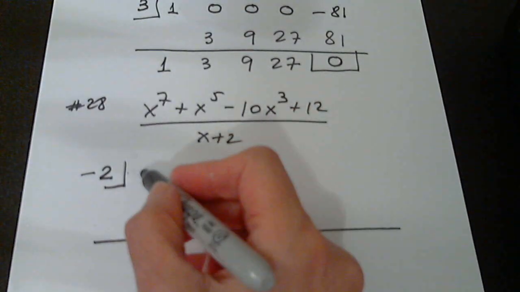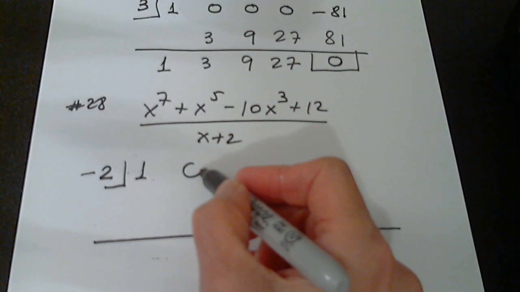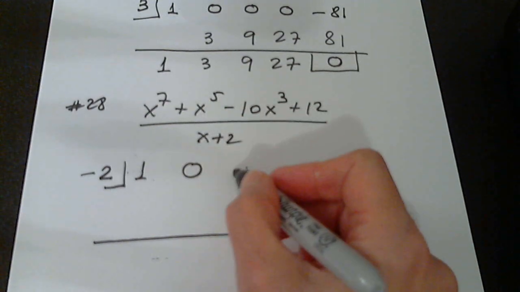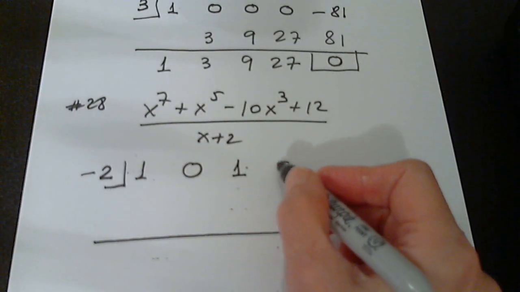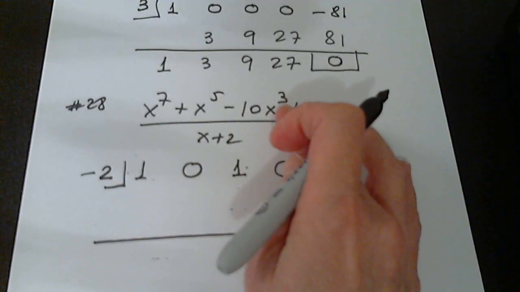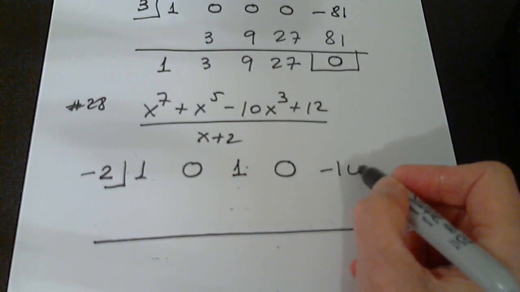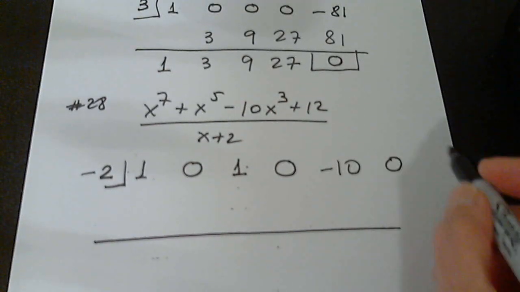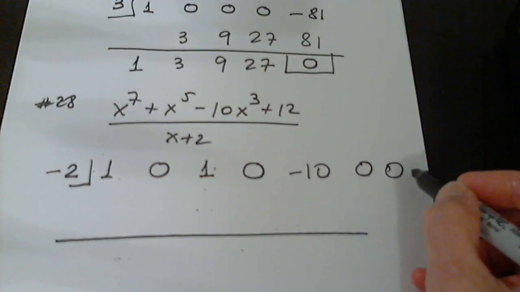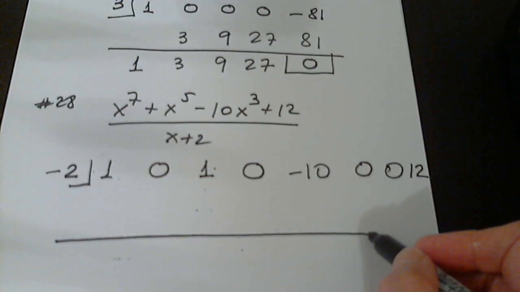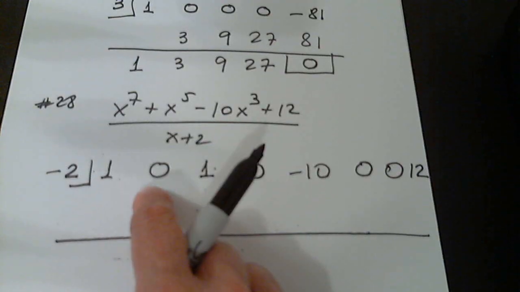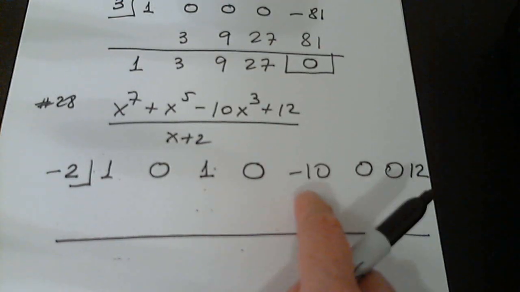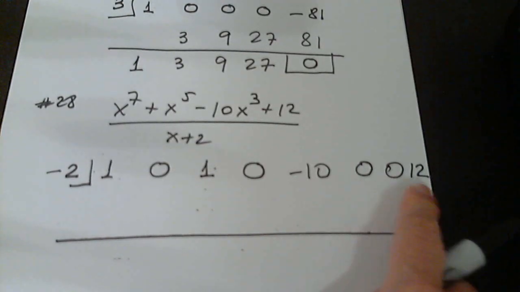Degree 7, degree 6, degree 5, degree 4, degree 3, degree 2, degree 1 and degree 0. 7, 6, 5, 4, 3, 2, 1, 0.